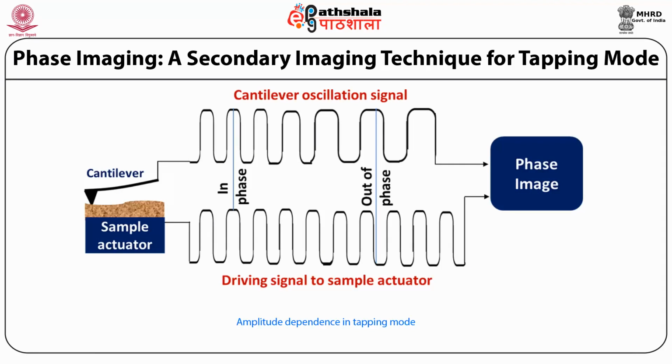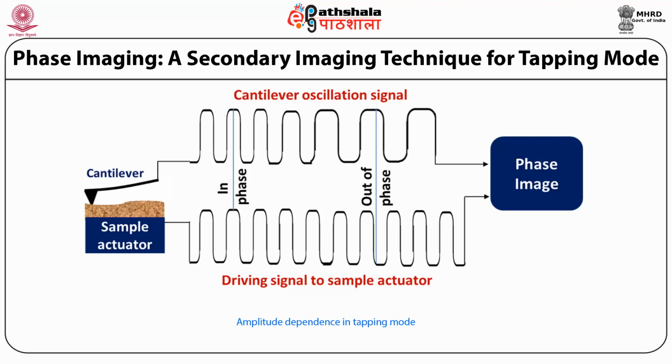Phase imaging is a powerful technique sensitive to specimen's surface stiffness or softness and adhesion between the tip and specimen surface, allowing the chemical mapping of the surface based on these material differences. It monitors the phase lag between the signal that drives the cantilever to oscillate and the cantilever oscillation output signal.